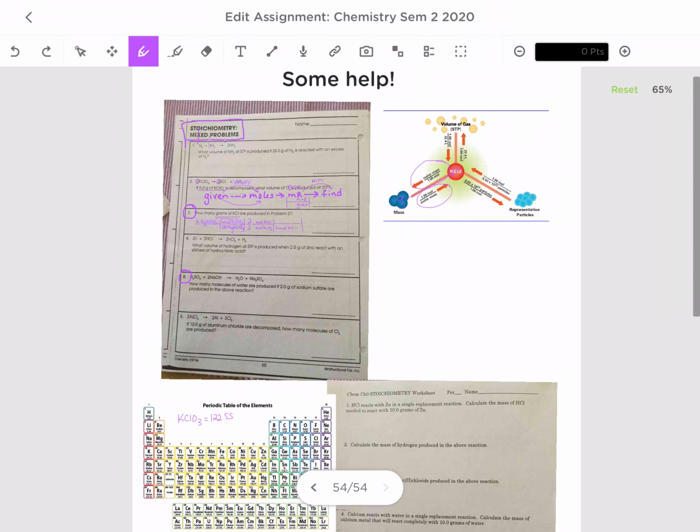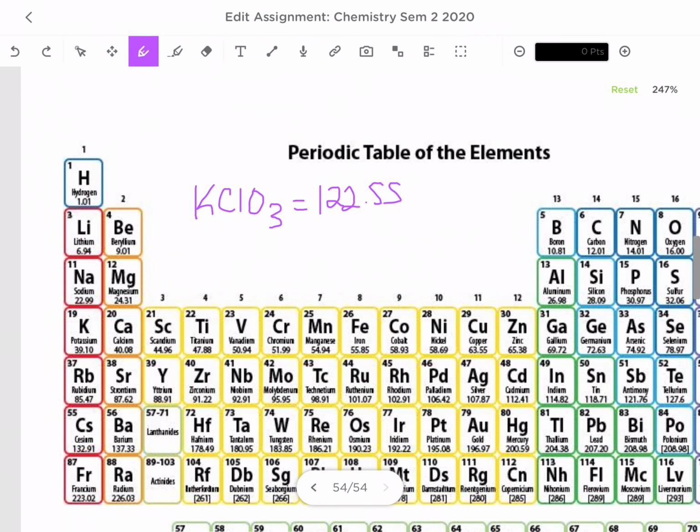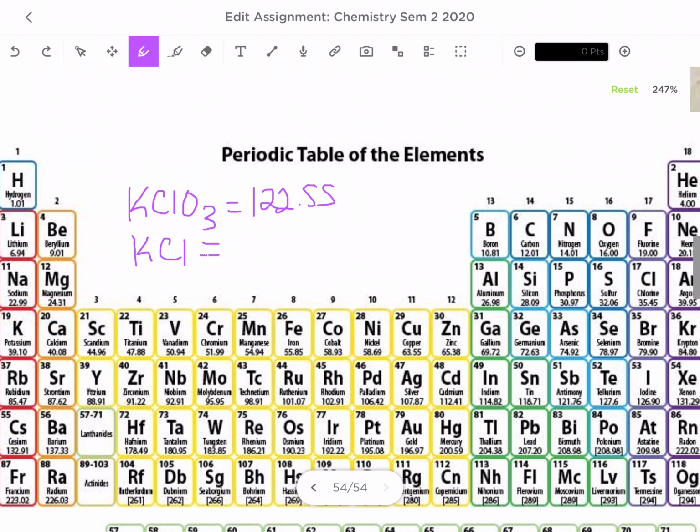I'm going to go down here and add it up. So KCl, so 39.10 plus 35.45 is 74.55.